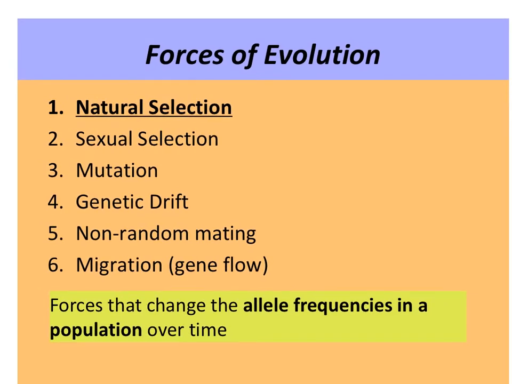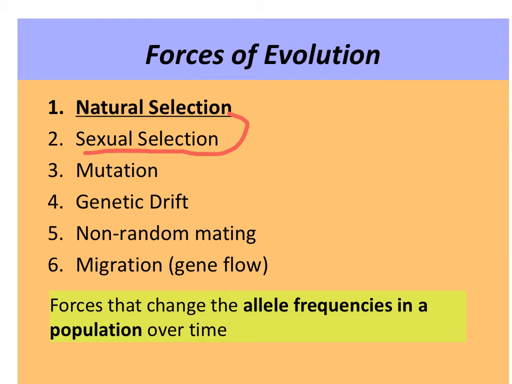We're going to concentrate on natural selection, but there are more forces that change allele frequencies or trait frequencies in a population than just natural selection. In fact, we're going to go over them. First of all, there's natural selection and sexual selection, which is a specific type of natural selection that affects how good you are at getting mates and creating offspring.